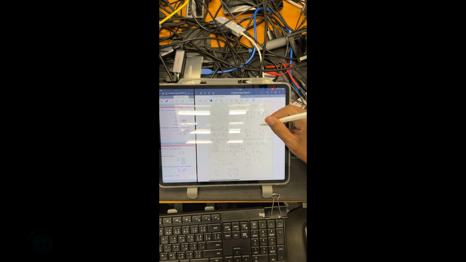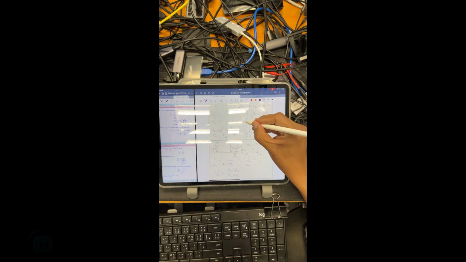Okay, we have to express it in another form, which is F1 by F2 equals A1 by A2. That's the second equation. Okay, let's consider the first equation.